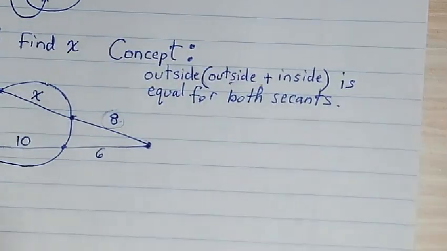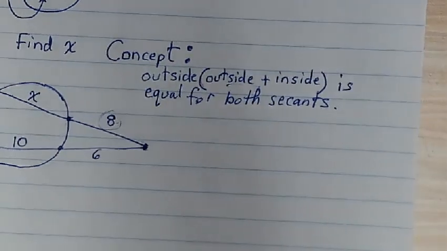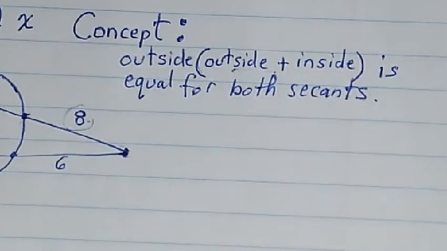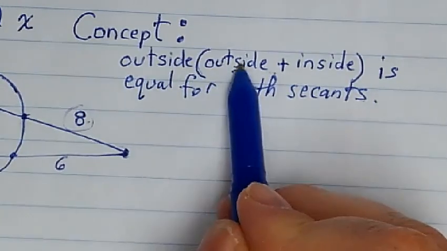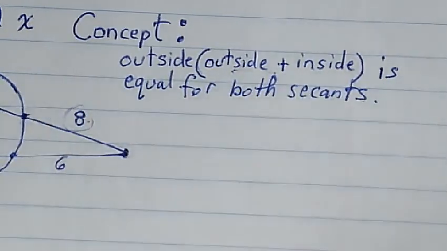Then I'll show you by 2 examples. After the first one, you're going to be like, dang, I got this. I ain't got no problem with that. And it looks like this. Let me show you what it looks like. Did y'all copy that? Outside, open parentheses, outside plus inside is equal. They're equal for both secants.